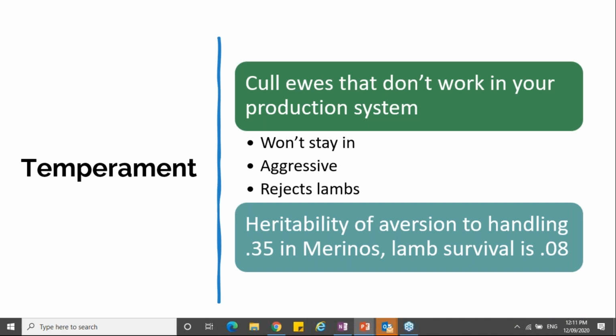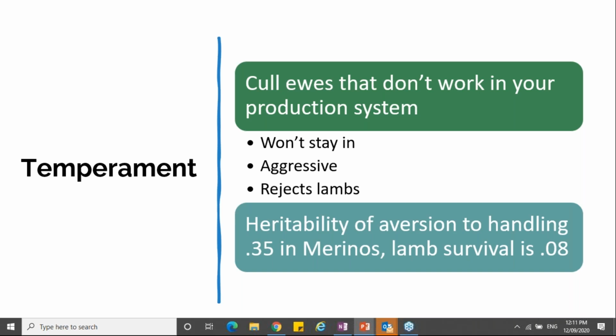And what they found is the heritability of that was about 0.35 or 35%, which is a moderately heritable trait. And so, just as a comparison, lamb survival is a lowly heritable trait. It's about 8%, and weight, our ability to gain, tends to be around the 0.35 0.4 mark as well. So it's quite heritable, and you can see the difference.